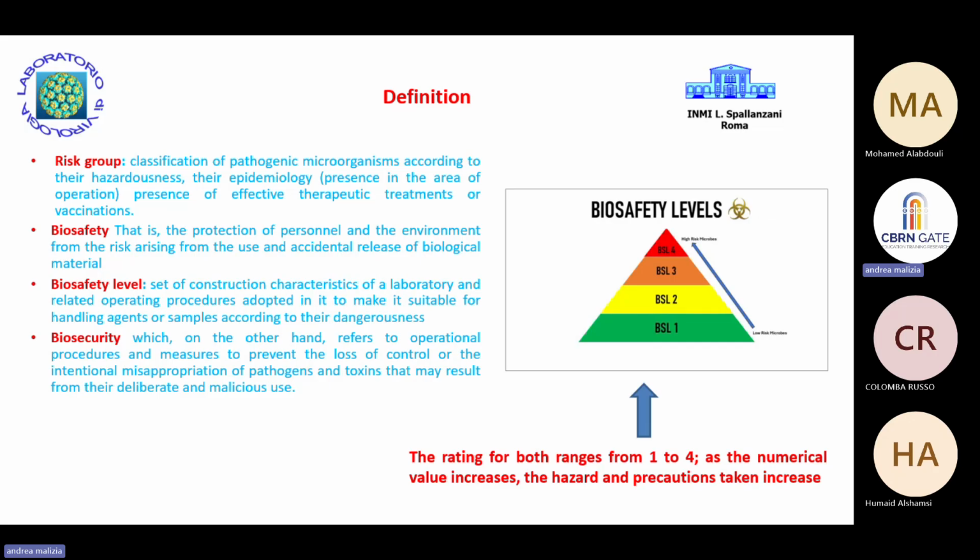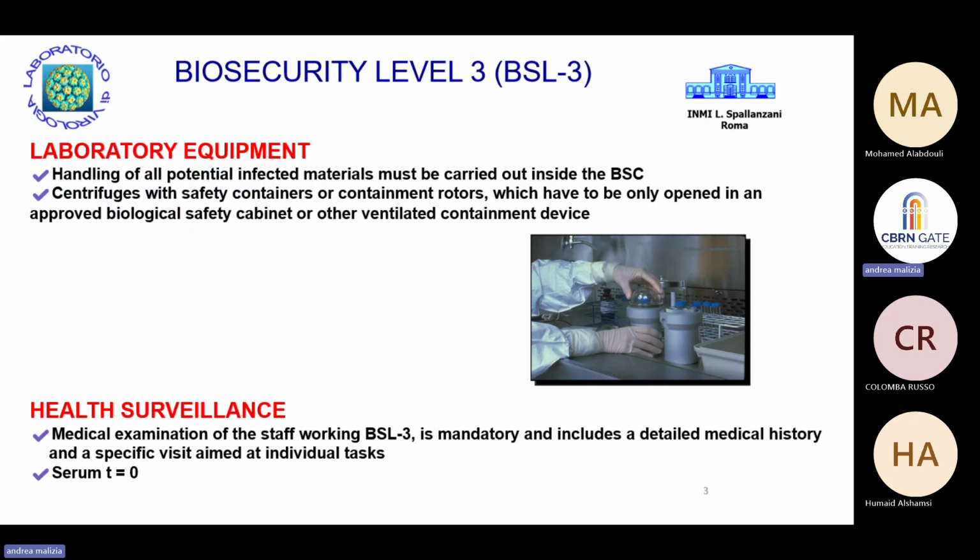So Ebola is classified, or Crimean-Congo, as level 4 and not level 3 or 2. In a biosafety level 3 laboratory, all handling of potentially infected material must be carried out inside the BSC. The BSC is, for example, the glove box that you use to handle level 3 and level 4 pathogens.